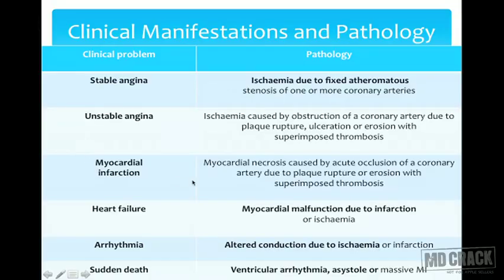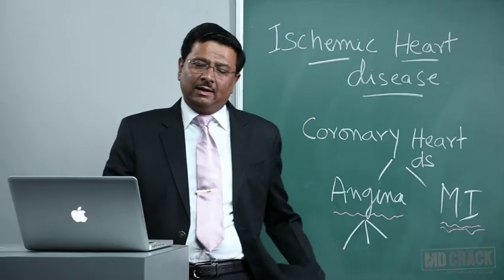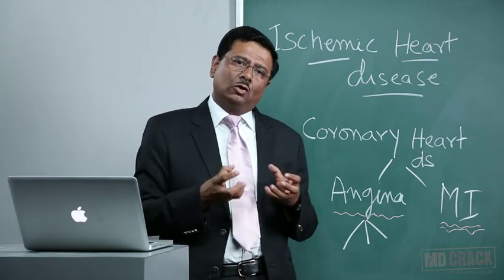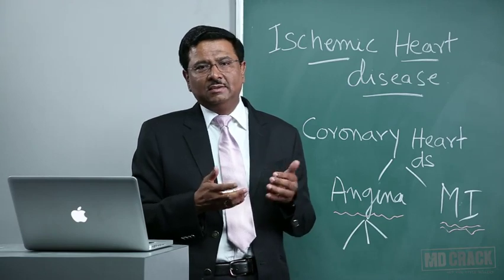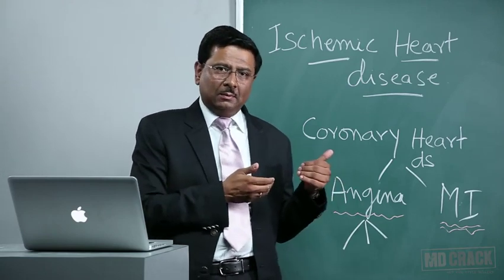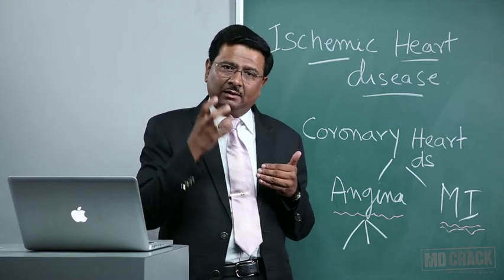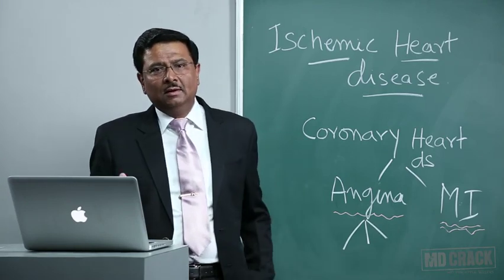Myocardial infarction, myocardial necrosis, is caused by acute occlusion of a coronary artery due to plaque rupture, erosion with superimposed thrombosis. Please understand, if there is myocardial infarction, it means there is necrosis of the cardiac muscle cell, whereas in unstable angina or in stable angina, there is only ischemia. There is no proper muscle cell death, which happens in myocardial infarction.